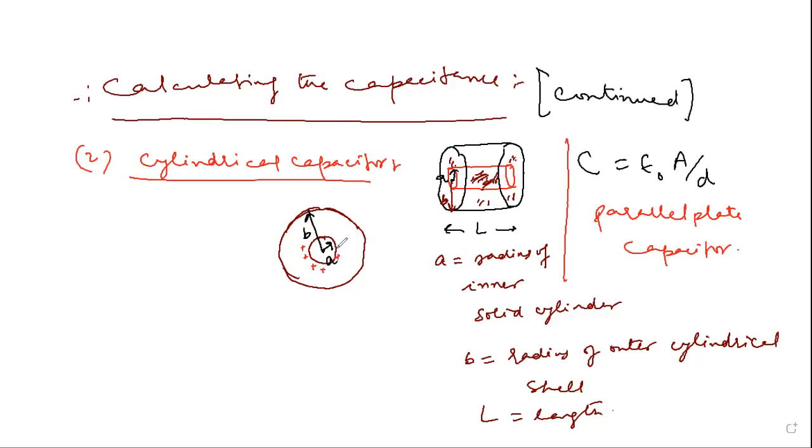This inner solid cylinder is positively charged, and the outer plate is negatively charged. Right? So Q charge is on this, and it is understood there is minus Q on the outer cylindrical shell.